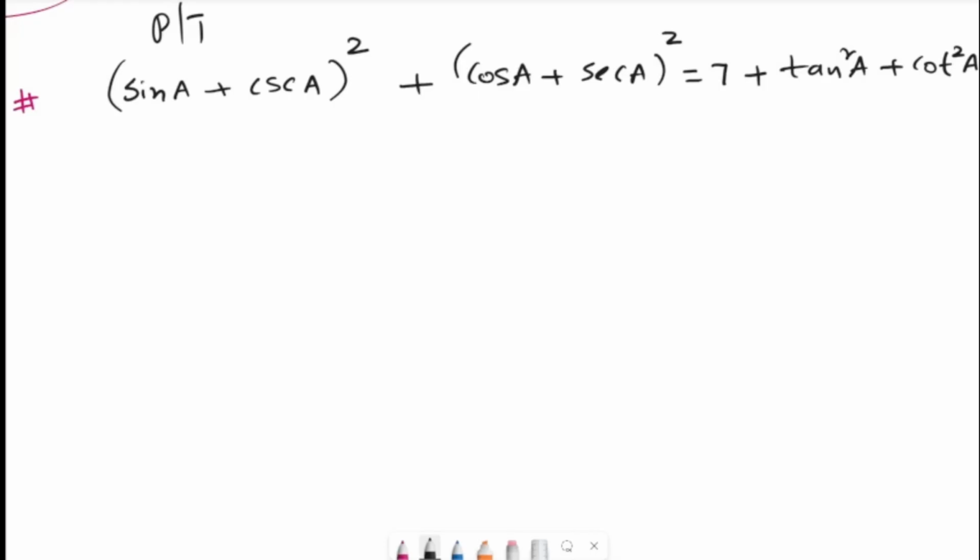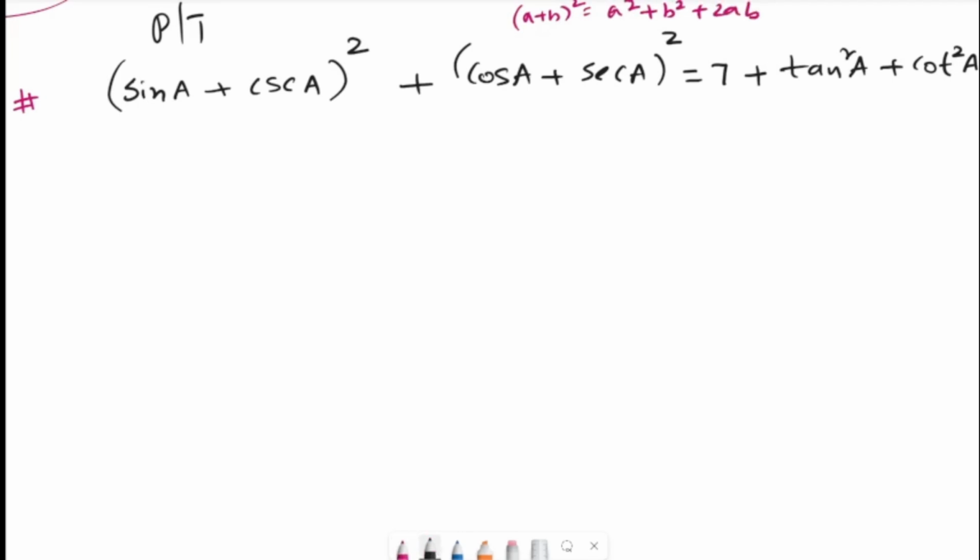Let me, first things first, expand this. A plus B whole square. What is A plus B whole square? I'm going to write here on the side. A plus B whole square is A square plus B square plus 2AB. Remember that.